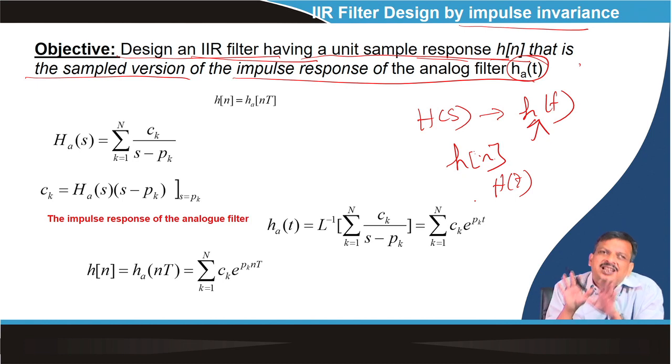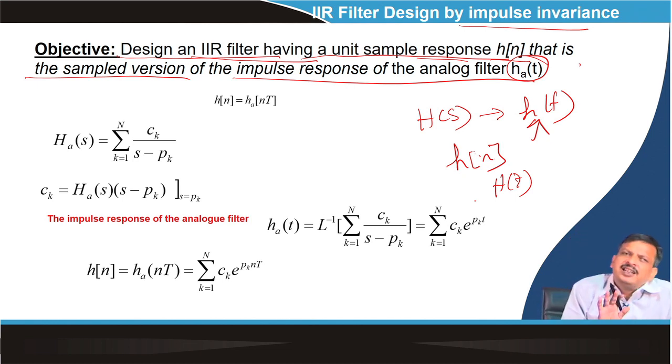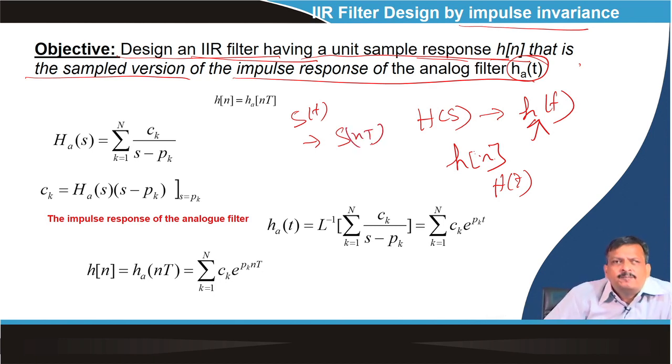My objective is that if I know H of t, I can get H of n by nothing but sampling. If I have a signal S of t, then I get S of nT, the digital signal, which is nothing but a sampling. So, time is sampled, discretized. So, I can say this is nothing but a discrete time response of the filter.